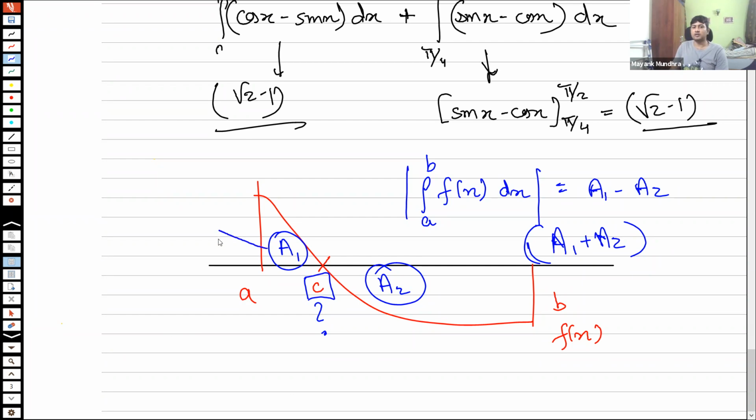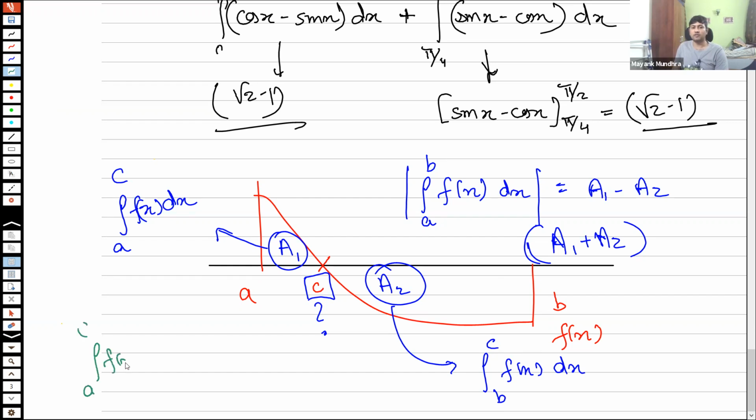So now this A1 will basically be integral f of x dx going from A to C. And this A2 will be integral f of x dx going from C to B. Or instead, you can write it as B to C, because I know that integration from B to C is negative of integration from C to B. So you can just reverse the limits. And this final area is going to be integral A to C f of x dx plus integral B to C f of x dx.